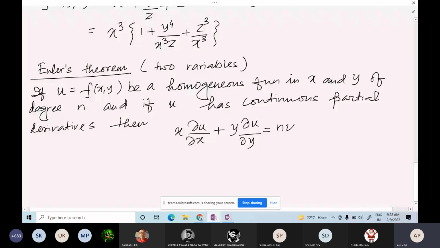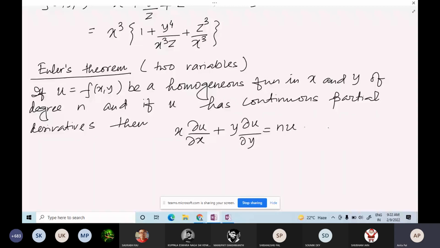This is what Euler's theorem is saying: if u is a homogeneous function in x and y of degree n, and if u has continuous partial derivatives, then x del u del x plus y del u del y will be n u.